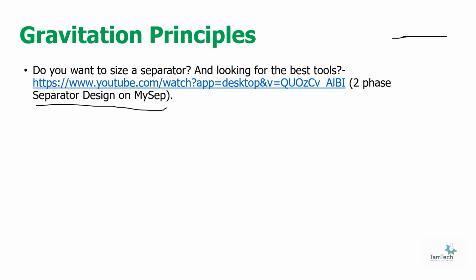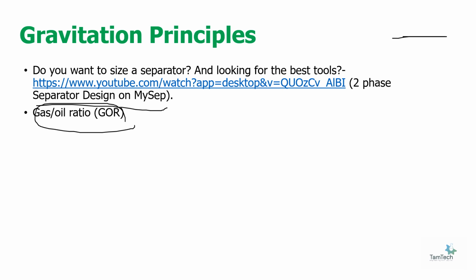If we want to start with the gravitation principles, the first one is the gas-oil ratio. This is one of the most famous and popular terms used in the oil and gas industry to characterize production and processing fluid.